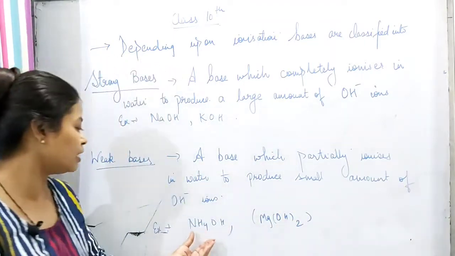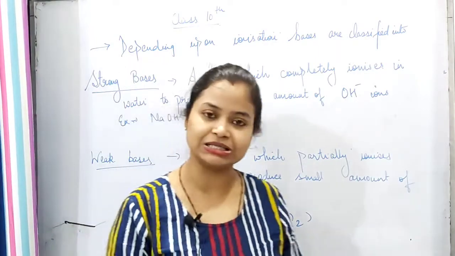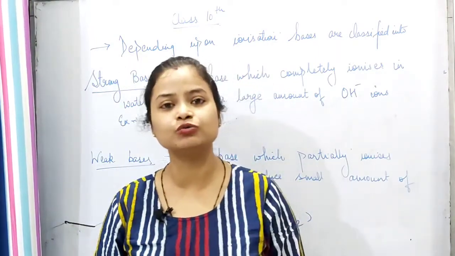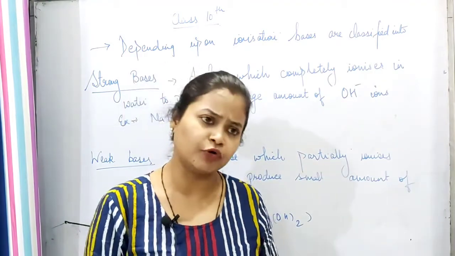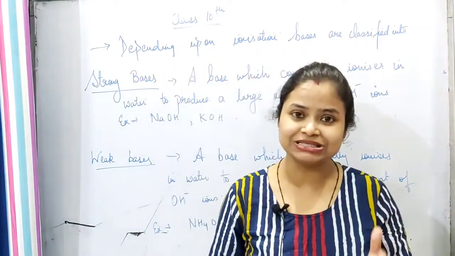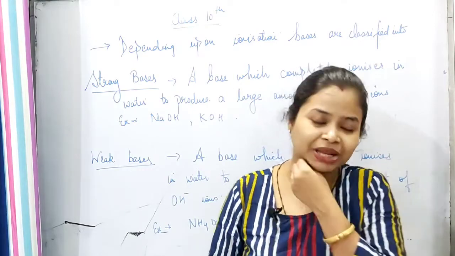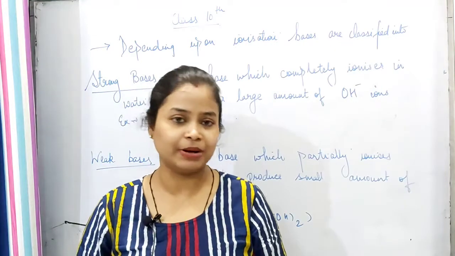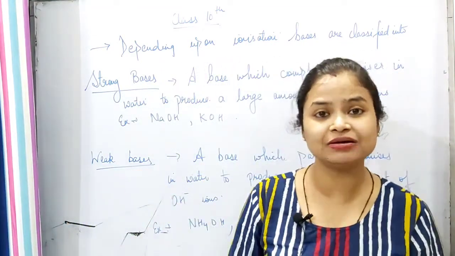For example, ammonium hydroxide, NH4OH, magnesium hydroxide, etc. If I have 100 molecules of ammonium hydroxide, around 30 or 40 molecules will only dissociate or ionize, that is break, to give the corresponding ions. But not completely, and therefore they are called weak bases.